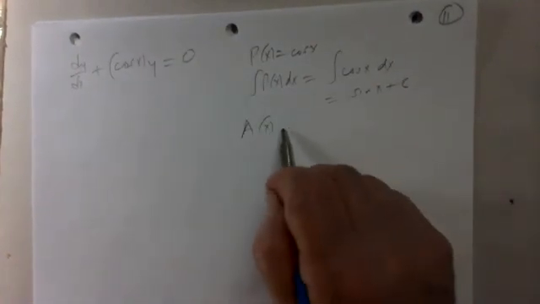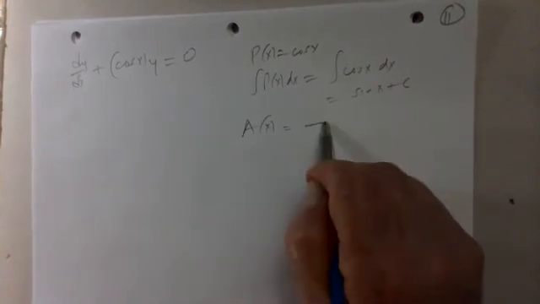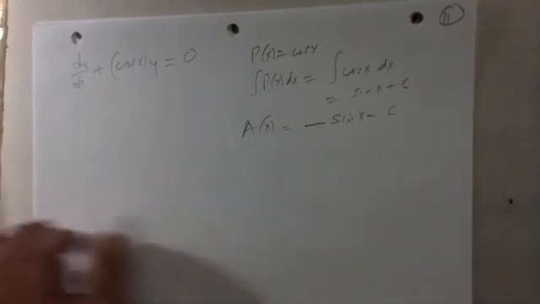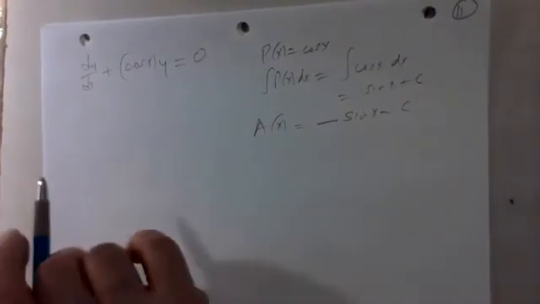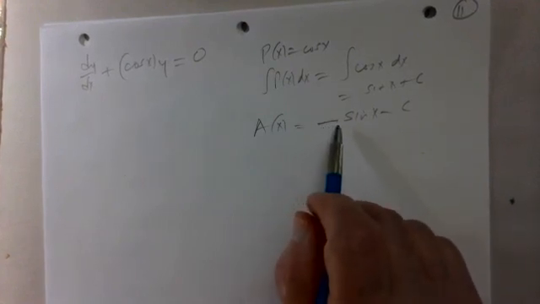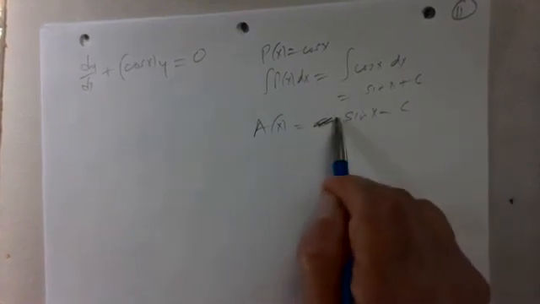The integral of p of x is the integral of cosine x, which is sine x plus a constant. So a of x is sine x plus c.